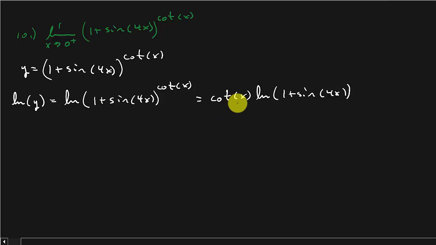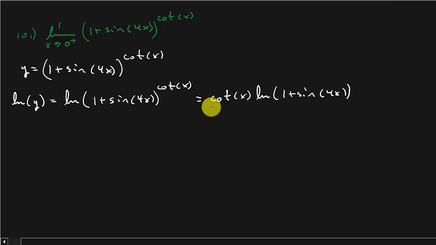So we know that as x goes to 0 from the right, and yes, I realize I have not written limit down. I haven't done the limit yet. I'm just rewriting this, and then I promise you I'm going to take the limit of this.